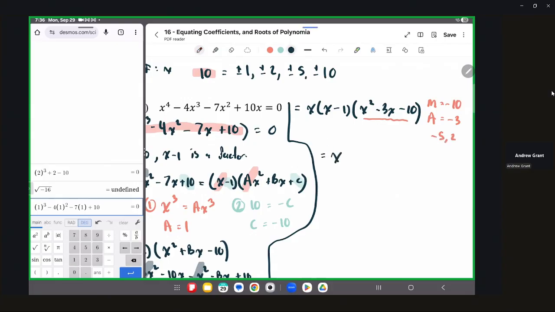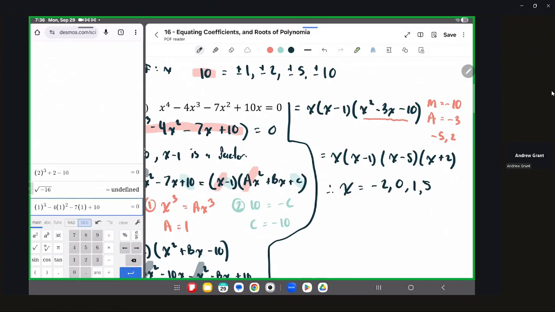So this is going to be equal to x times x minus 1 times x minus 5 times x plus 2. So therefore, x will be equal to negative 2, 0, 1, and 5.